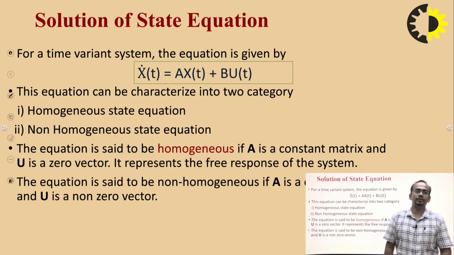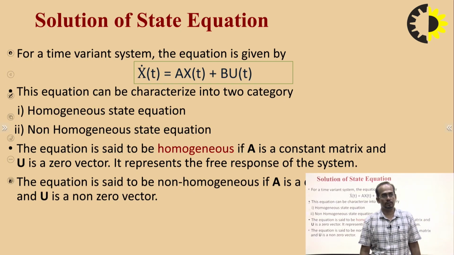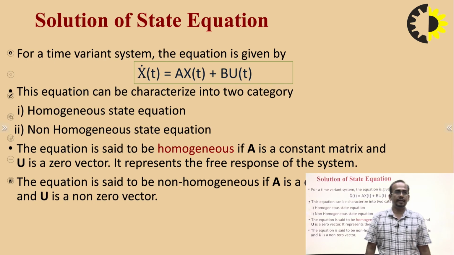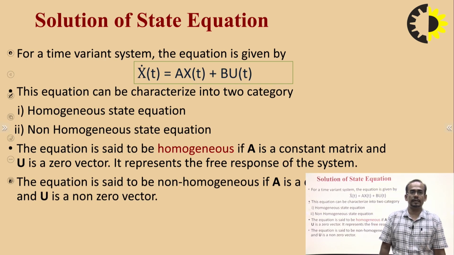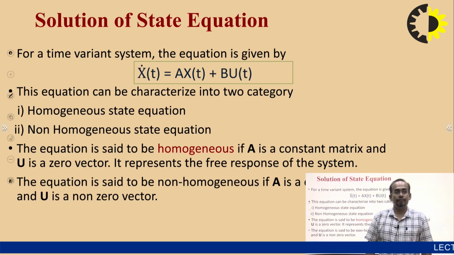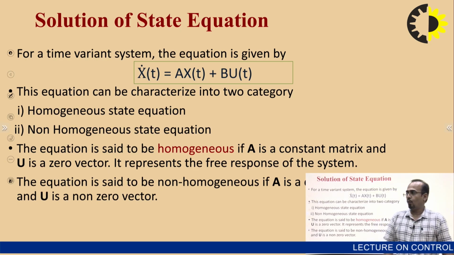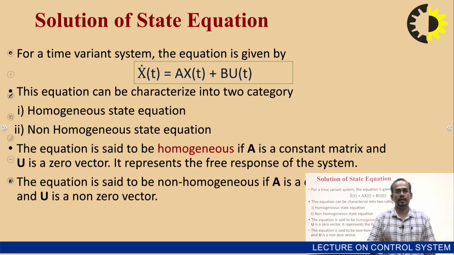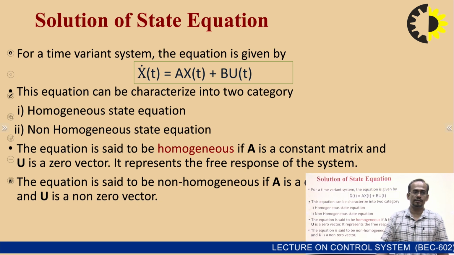Now coming to the solution of state equations. For a time varying system, the state equation is x dot(t) is equal to Ax(t) plus Bu(t). We can categorize this equation in two categories: one is homogeneous state equation and another is non-homogeneous state equation.